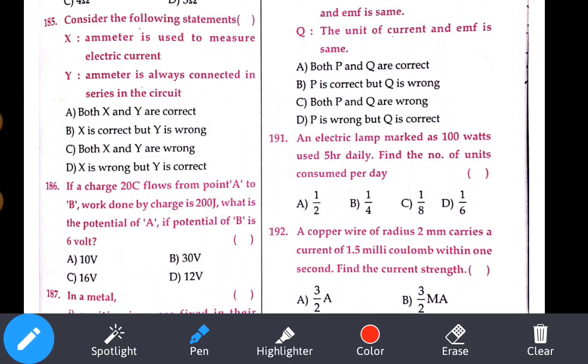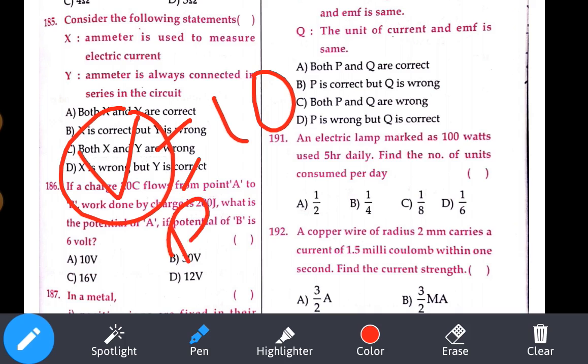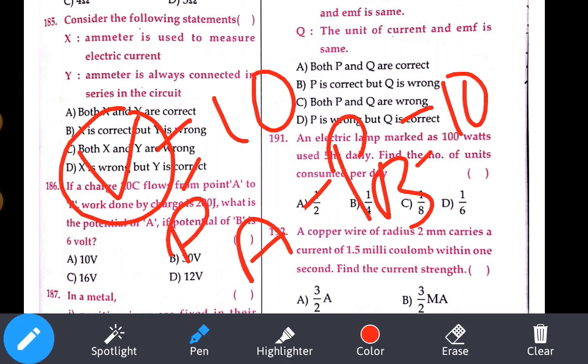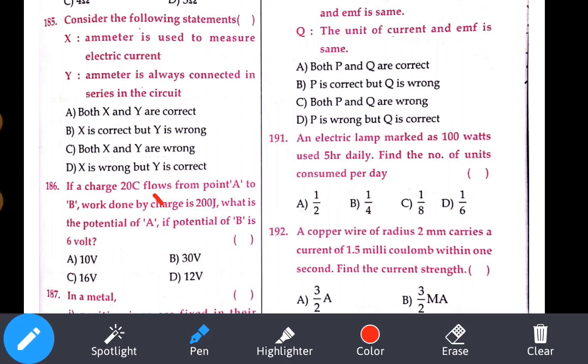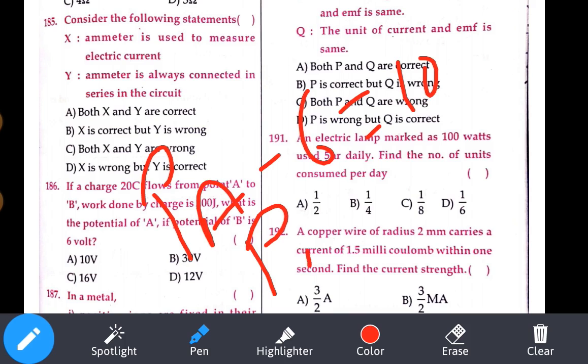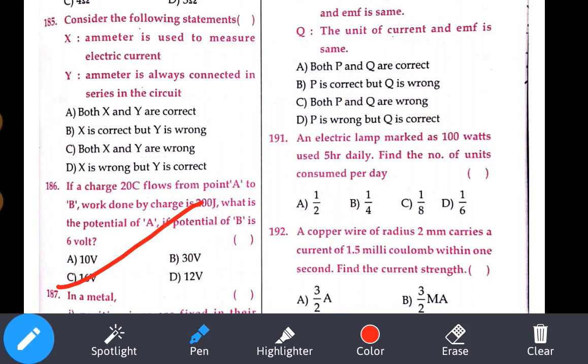Sorry. So the V value is 10. V is the potential difference, PA minus PB, which is 10. The PB value they have given is 6. So PA minus 6 is equal to 10, so PA is 6 plus 10, 16 is our answer. Option number C is our answer.